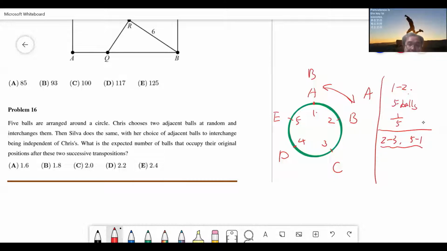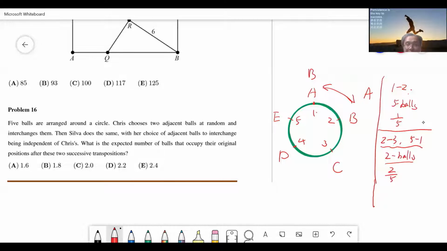Similarly, if Silva does 5, 1, then 3, 4 remain in the original position. So basically 2 balls remain in the original position. So what is the probability? Out of the pairs 1, 2, 2, 3, 3, 4, 4, 5, and 5, 1, 2 of them give you the 2 balls remaining in position. So the probability is 2/5.